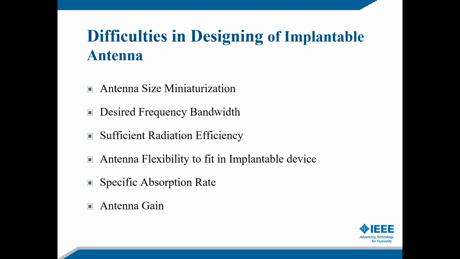Now, what are the difficulties in designing the implantable antenna? We have to design an antenna that will be used in a device, and that device will be inserted in a human body. So we have to take into account that the antenna size should be small.